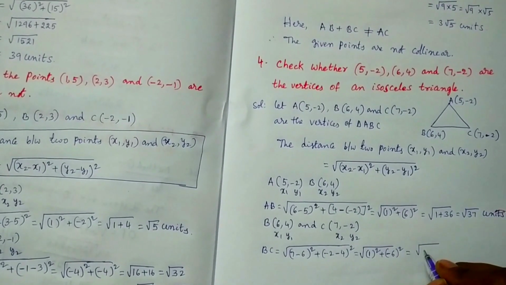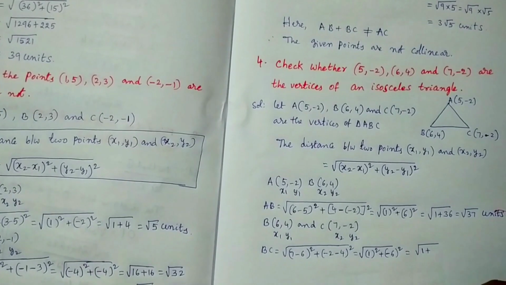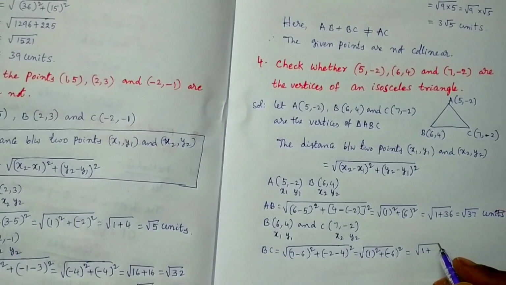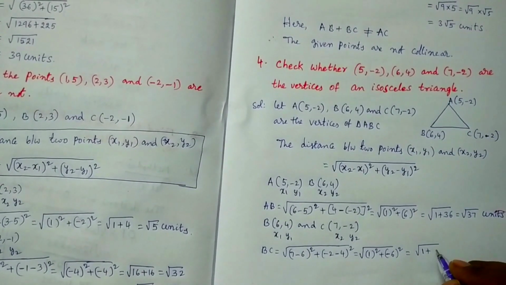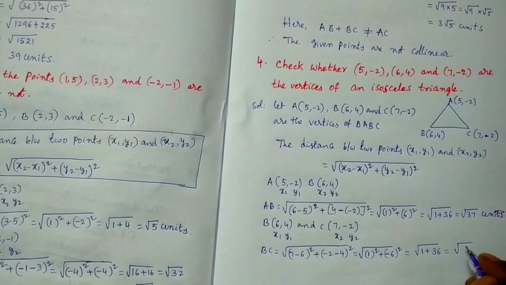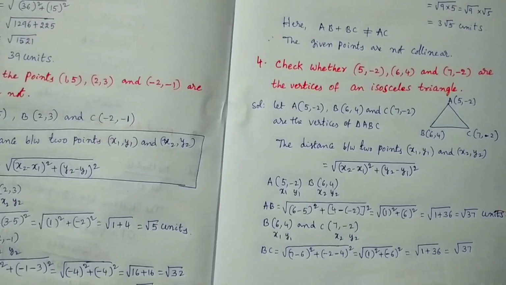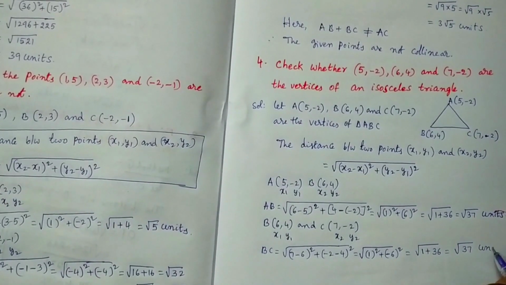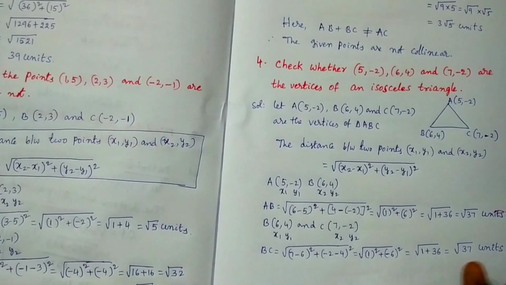So 1 square means 1, minus 6 into minus 6, that is minus into minus plus, 6 into 6, 36. So here we got 1 plus 36 means 37. So square root of 37 units.